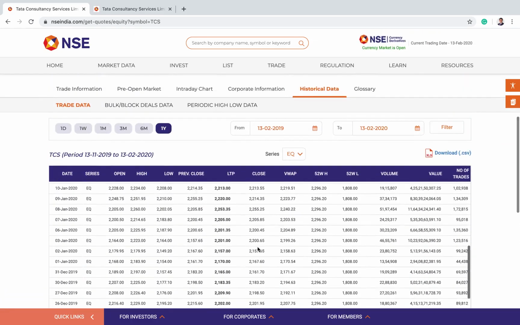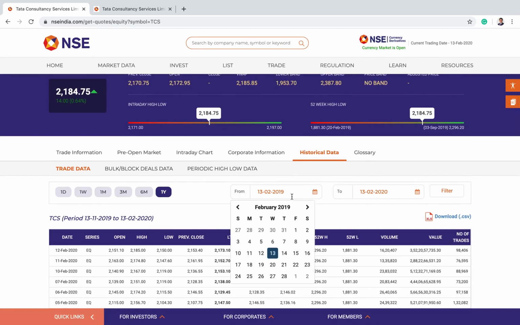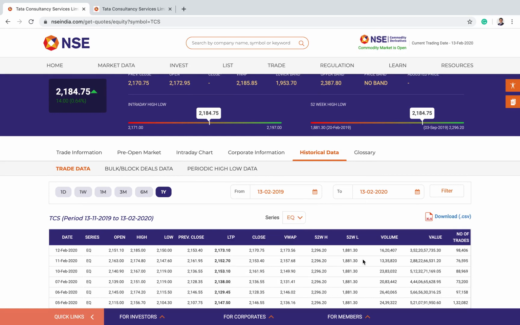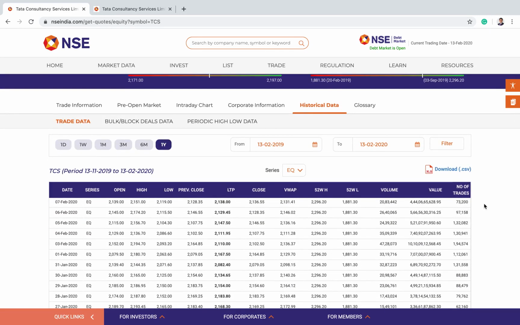All you need to do is download it. It has a price range and a date range. You can use the date range also, and download the data as per your specific requirement. So I have taken 1-year data, and I'll download it.